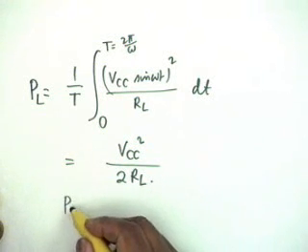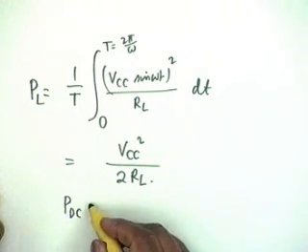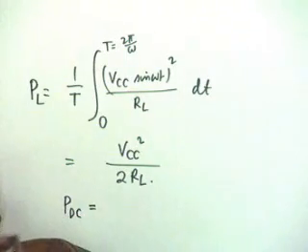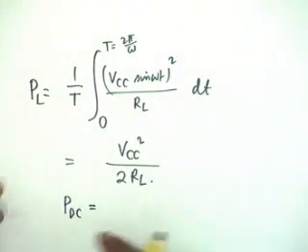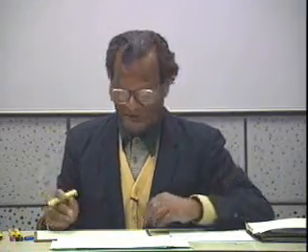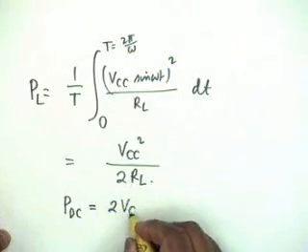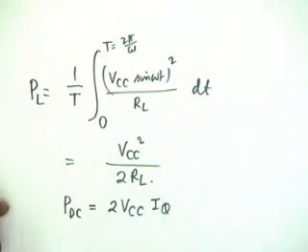Now, what is the DC power supplied by the source? The effective source is twice VCC, and the quiescent current is IQ. We are ignoring all base currents, okay? The average current, the DC flowing through the Q1, Q3 combination, is IQ. So PDC must be twice VCC IQ.